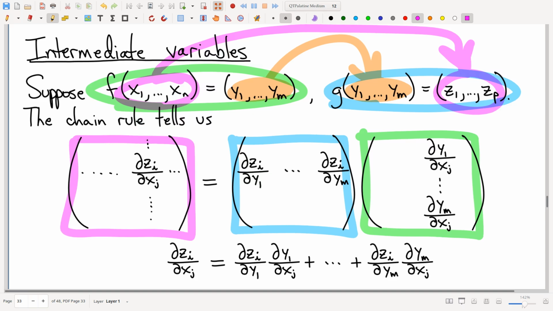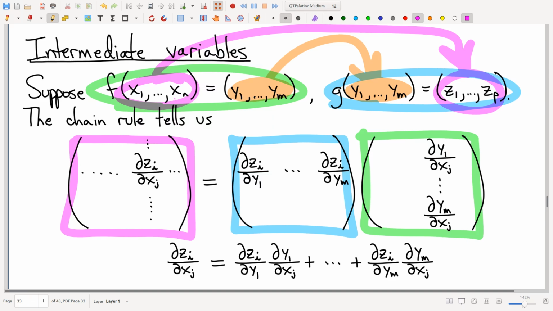So I haven't done anything new here. This is just recognizing a composition, documenting exactly what my variables are, and then fleshing out those derivative matrices, pointing out that they are in fact made out of individual partial derivatives. Okay, so this kind of combines several ideas that we've talked about at various points in the past.